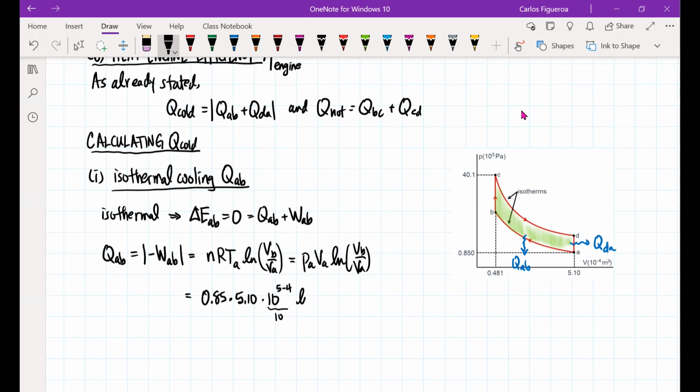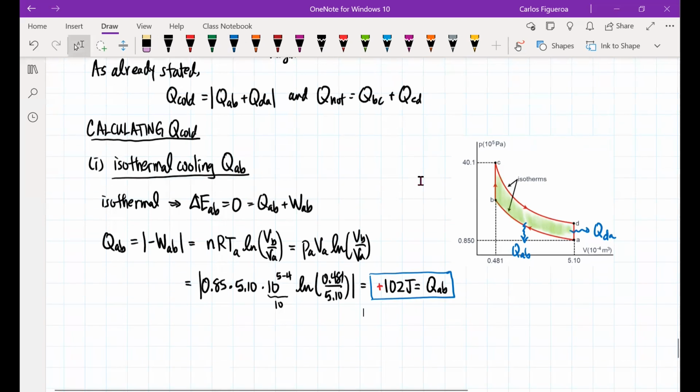Then this is the natural log of 0.481 divided by 5.10. Again, this is a negative number, so with the absolute value, I get 102 joules for QAB. And again, this is a positive quantity. So now I have my first heating.